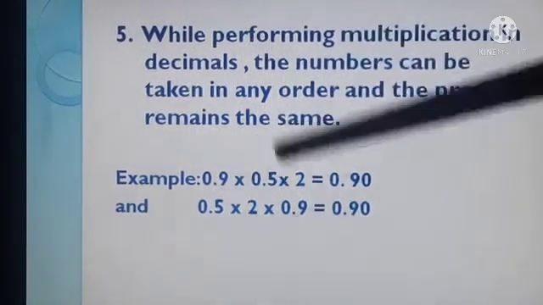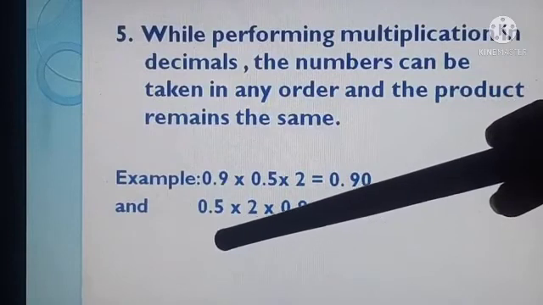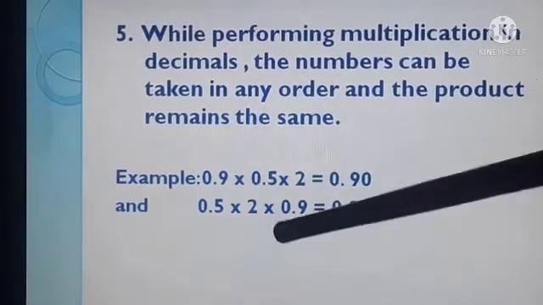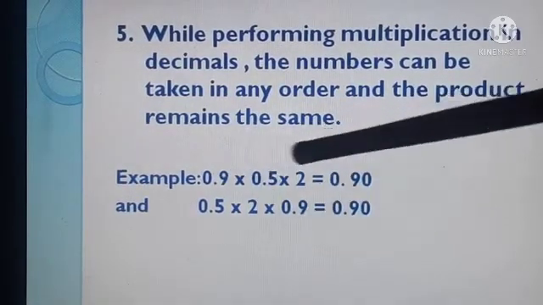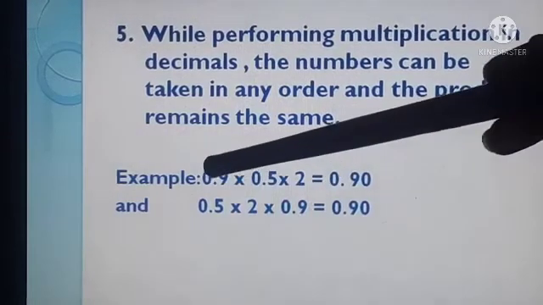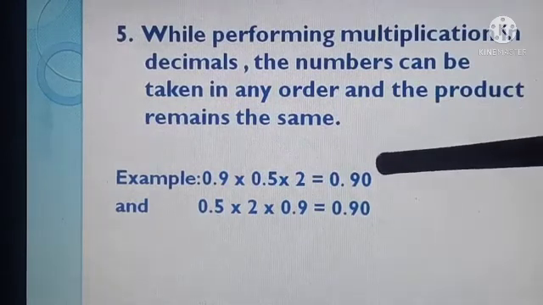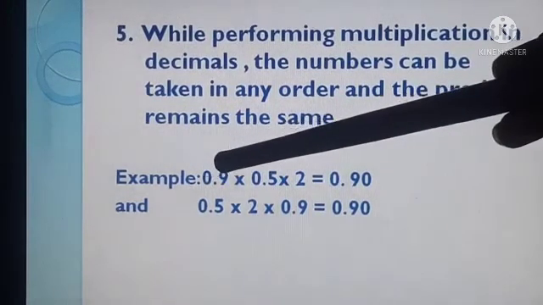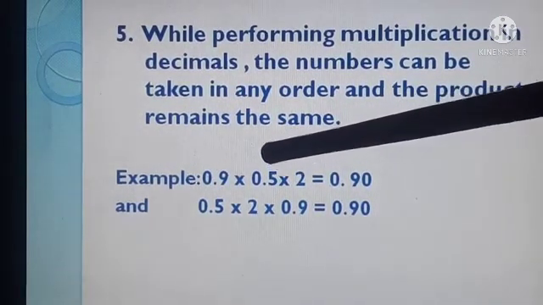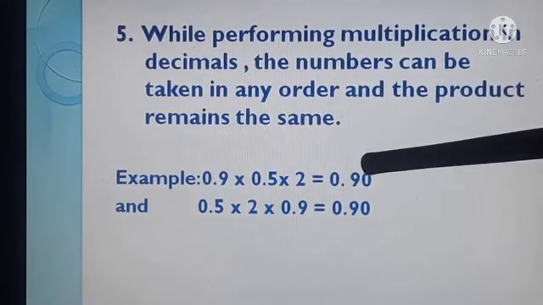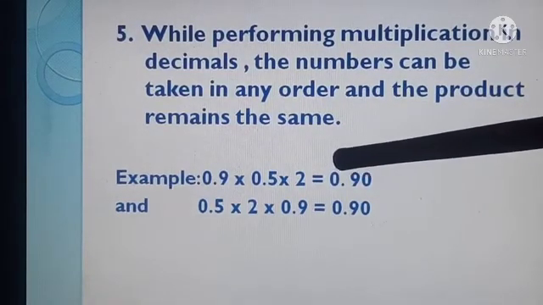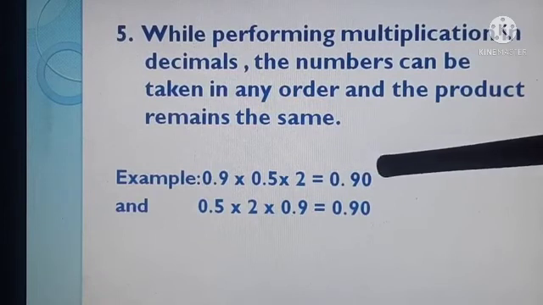So, if we have changed the order, 0.5 multiply by 2 multiply by 0.9. Now, let's see the product. 9 5s are 45. 45 2s are 90. And after decimal, 1 and 2. Two digits are there. So, in our product also, there should be 2 digits after decimal. So, our answer will become 0.90.